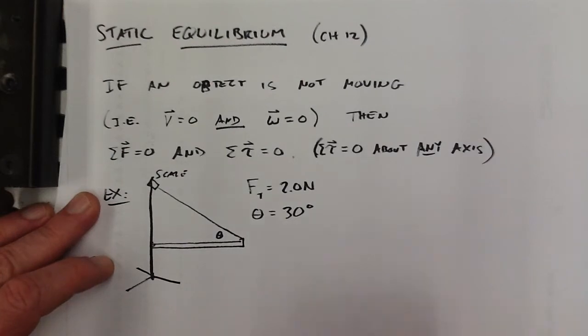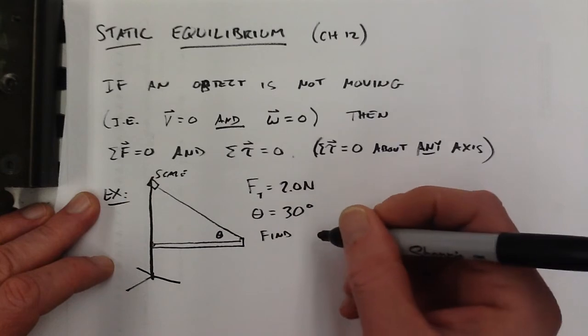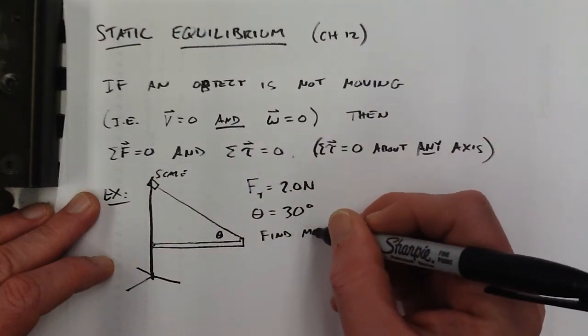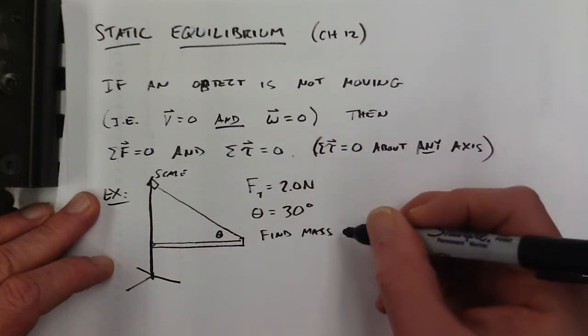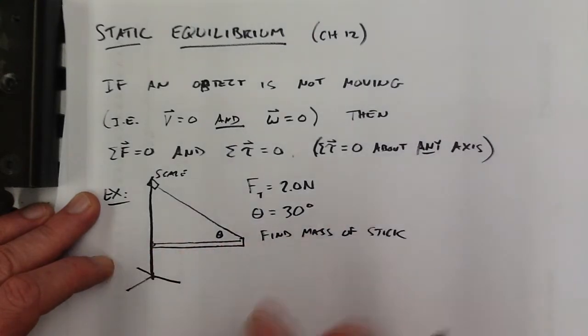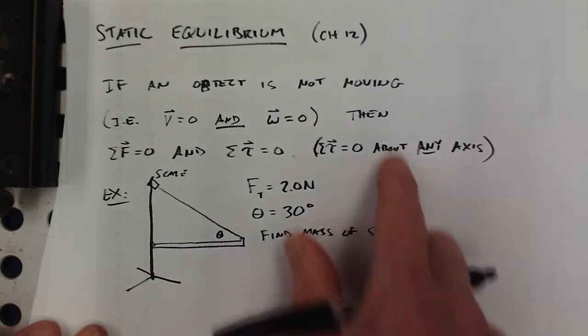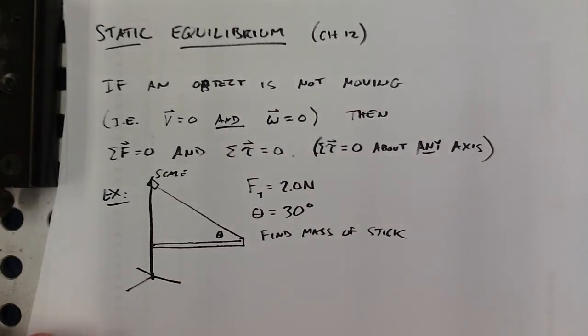And let's find the mass of the stick, meter stick, or whatever rod it is there. Okay, so how do we do that, and how does it have to do with this stuff?